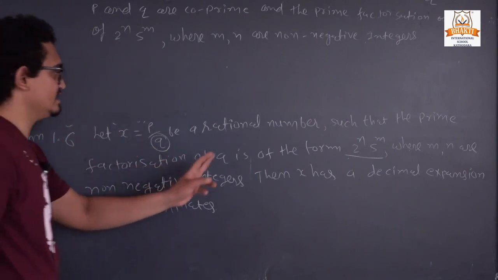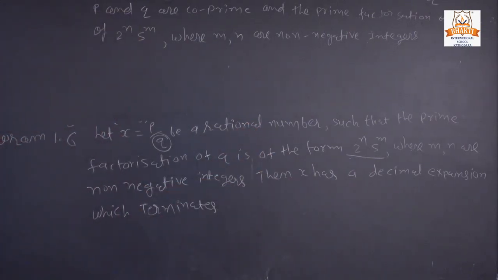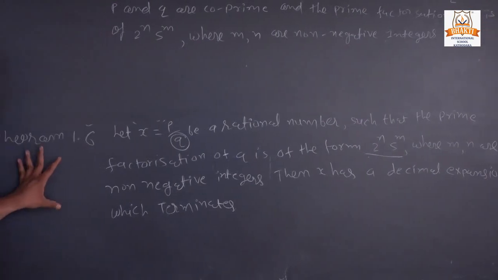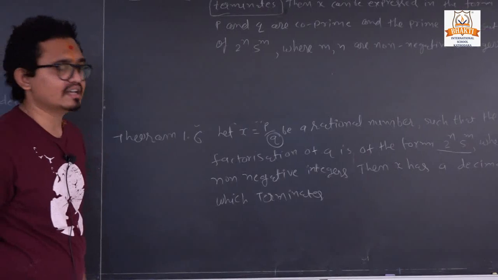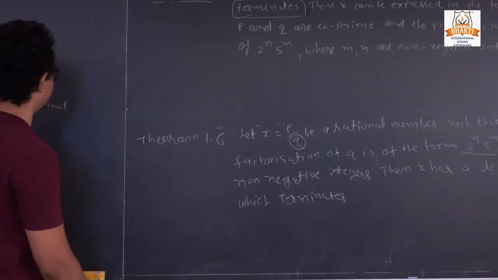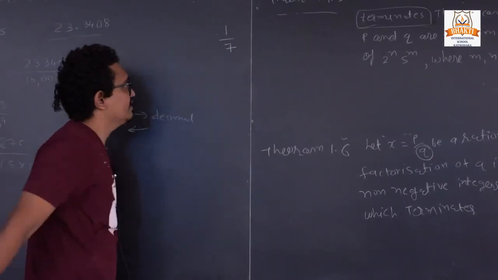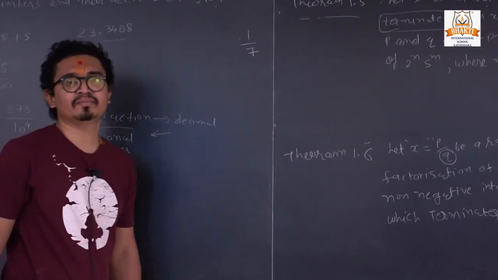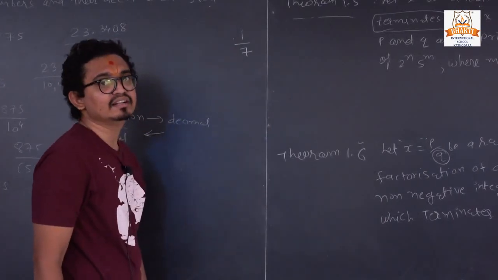Then x has a decimal expansion which terminates. So understand how we can express that theorem in our example. For that we are taking one example, 1 by 7.